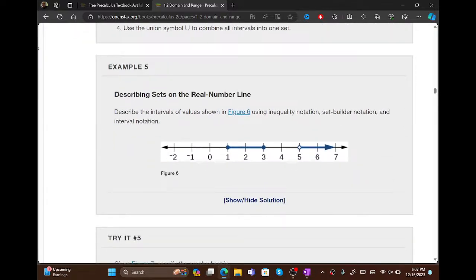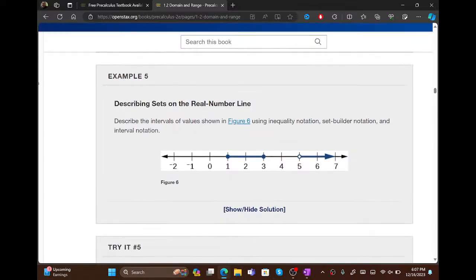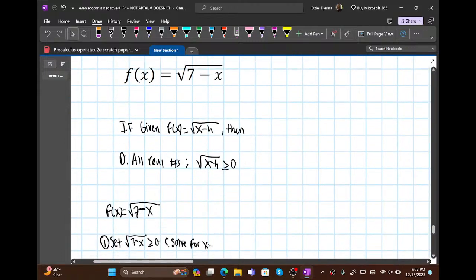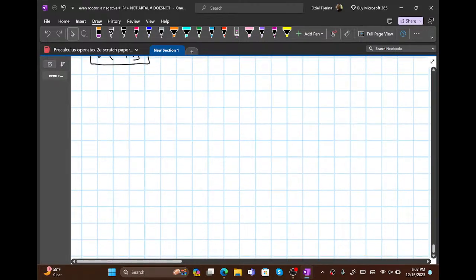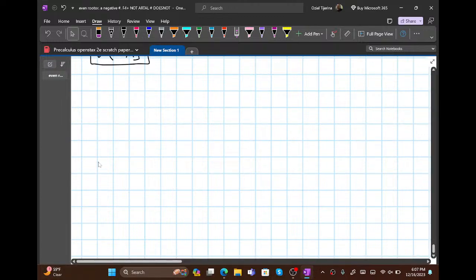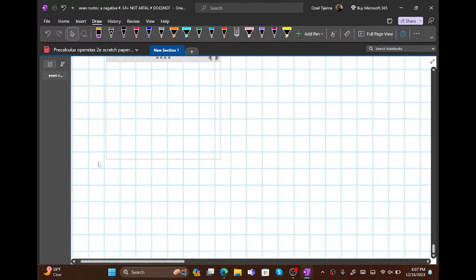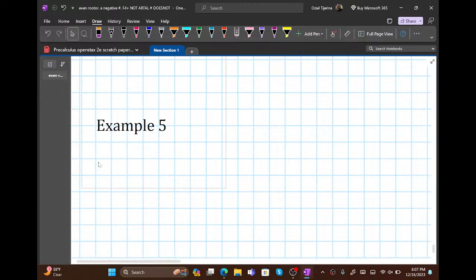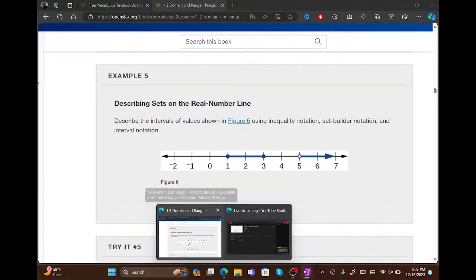Now, they do give us here a graph, and we want to specify this example, and this is example 5 from this section, and I'm just going to type it here. So, example 5 says the following. I'm just going to put it.